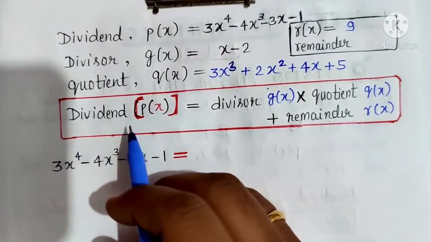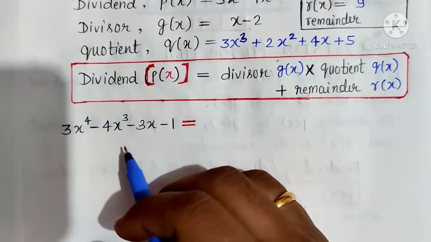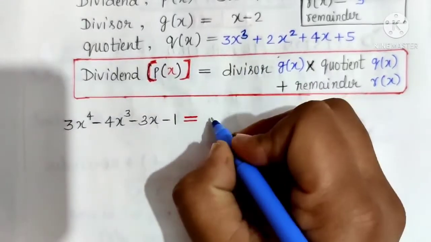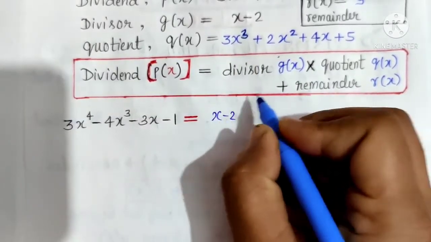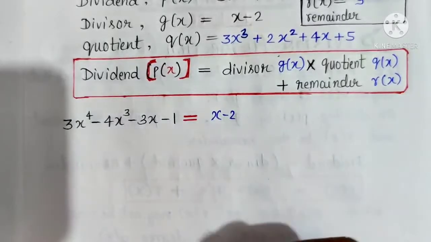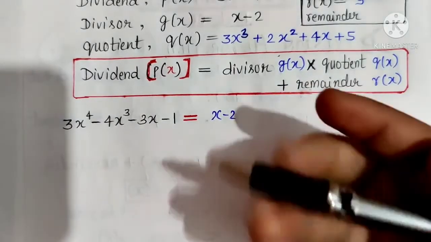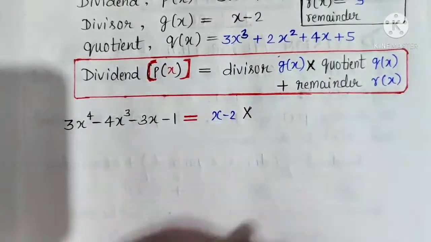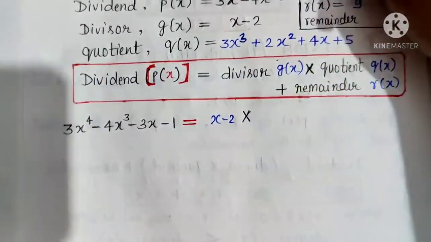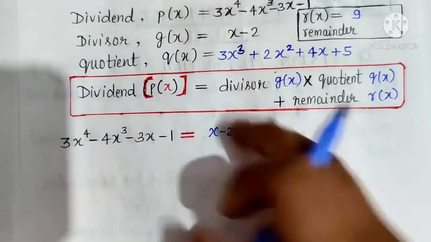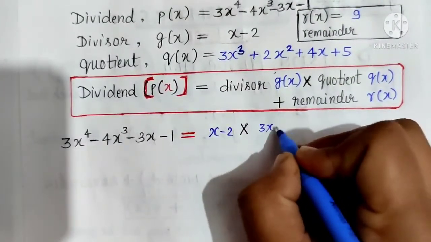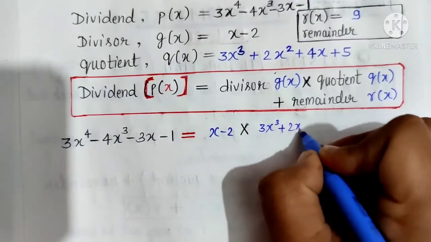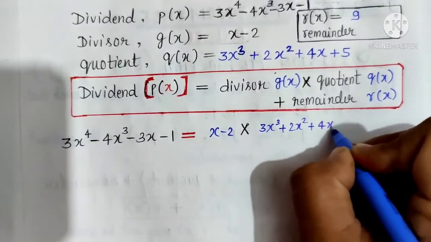So dividend is what? 3x raised to the power 4 minus 4x cube minus 3x minus 1. Our divisor is x minus 2. So we can write x minus 2. We have to multiply this divisor by the quotient. Let me write. First we put multiplication sign here, to multiply this with 3x cube plus 2x square plus 4x plus 5.